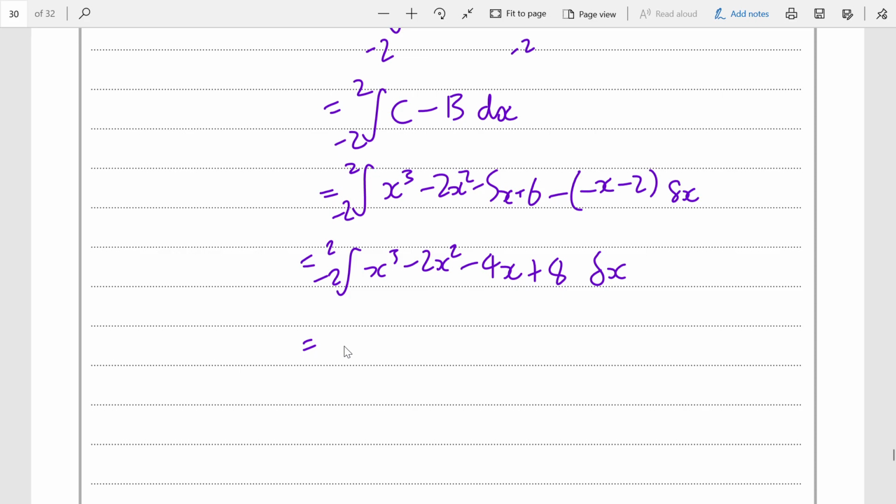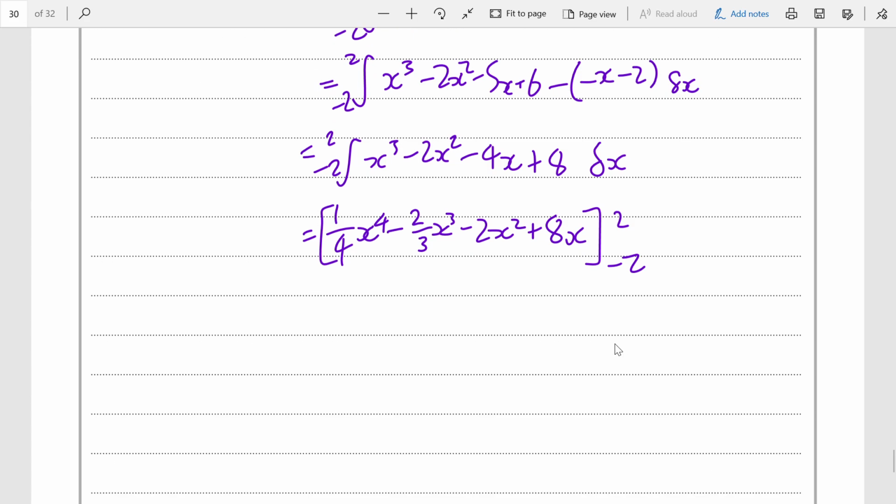And of course, using the power rule, this evaluates to 1 over 4 x to the 4 minus 2 over 3 x cubed minus 2x squared plus 8x, from negative 2 to 2.